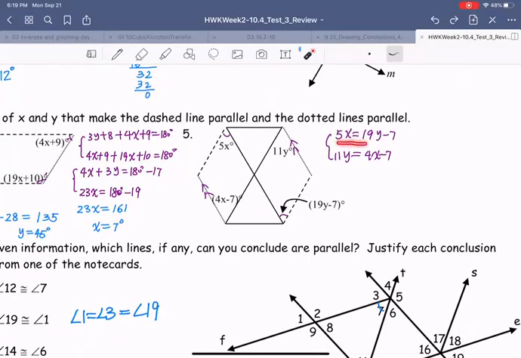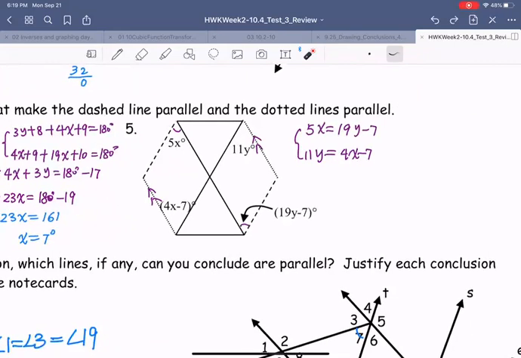If I were you, I'm going to switch. I'm going to move things over: 5x minus 19y equals negative 7, and negative 4x plus 11y equals negative 7, right?